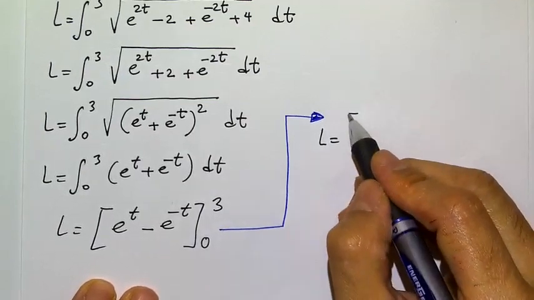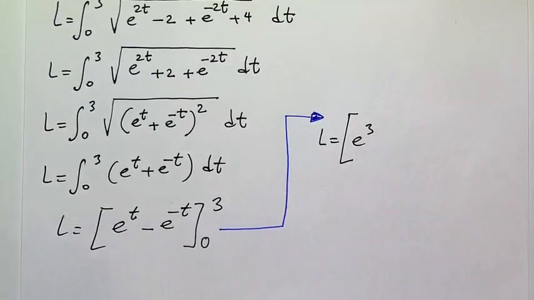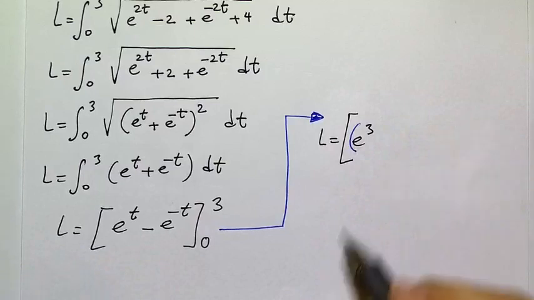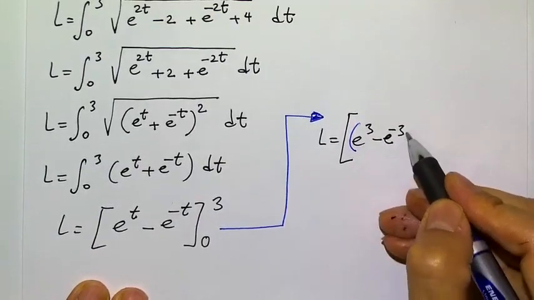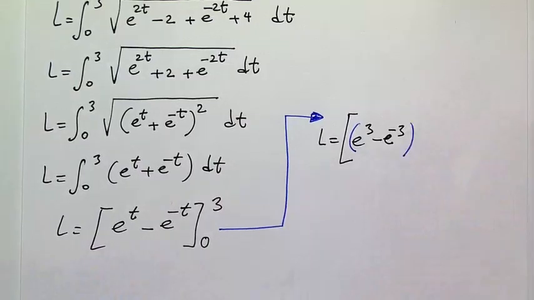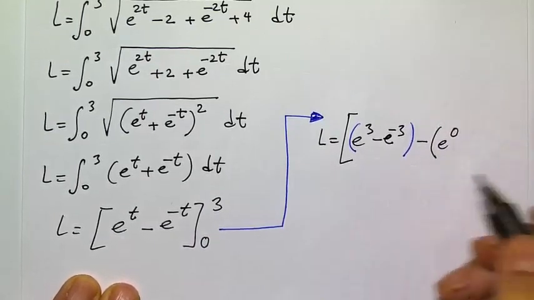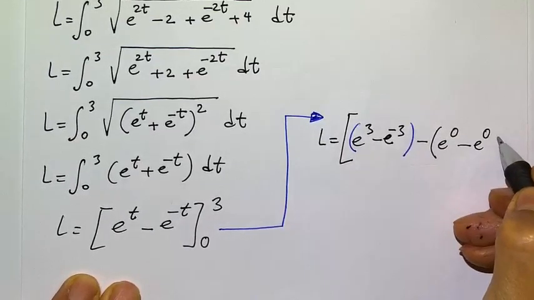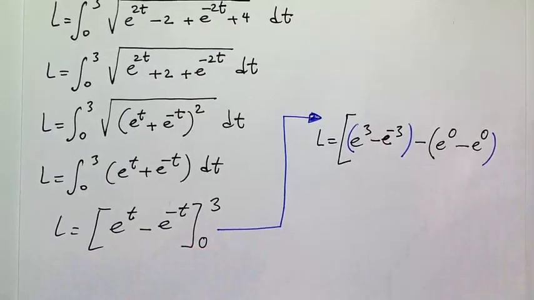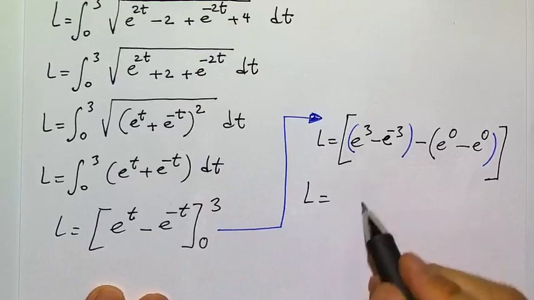Let's substitute for t with 3, so e cubed, and I will put the parentheses here, e cubed minus e to the minus 3 power, and then minus e to the 0 power is just 1, minus e to another 0 power. Like that.